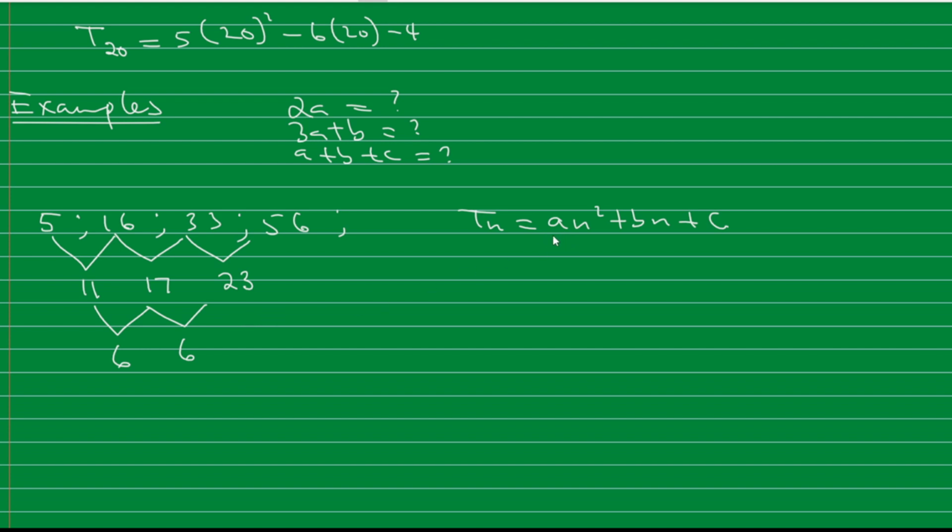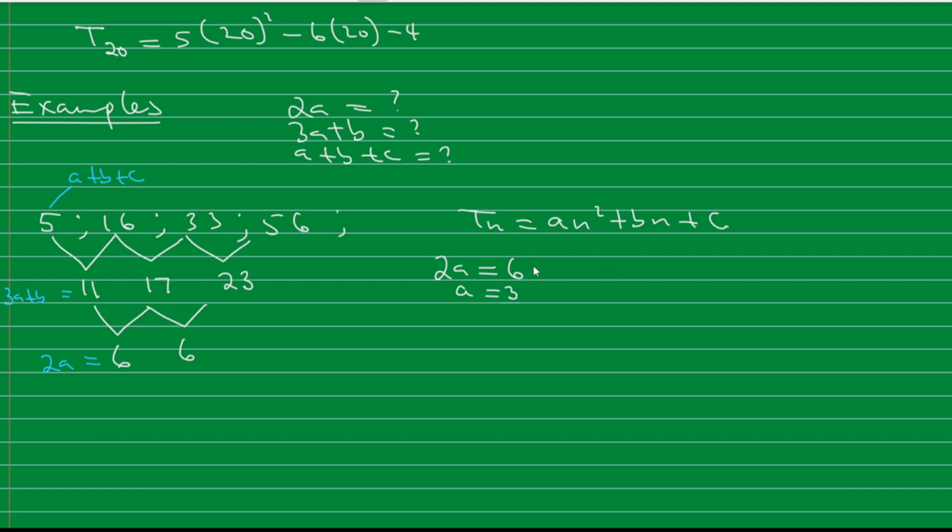So now we want to find A, B, and C. As we have seen, this second difference is always 2A, so equate it to 2A. 11 is my 3A plus B, and this 5 is our A plus B plus C, the first term. So now I want to find A, B, and C. I'll work them simultaneously. 2A is equal to 6, so our A is 3.